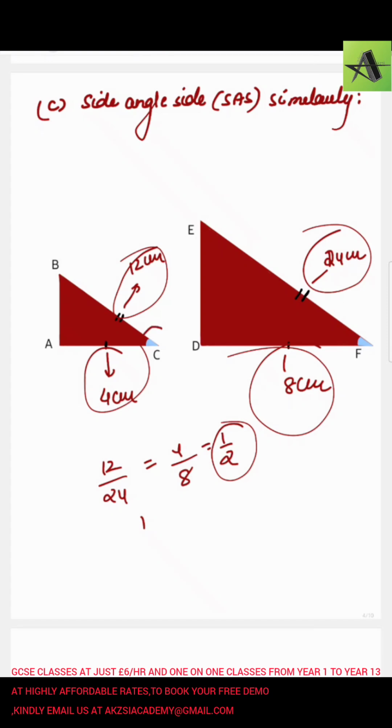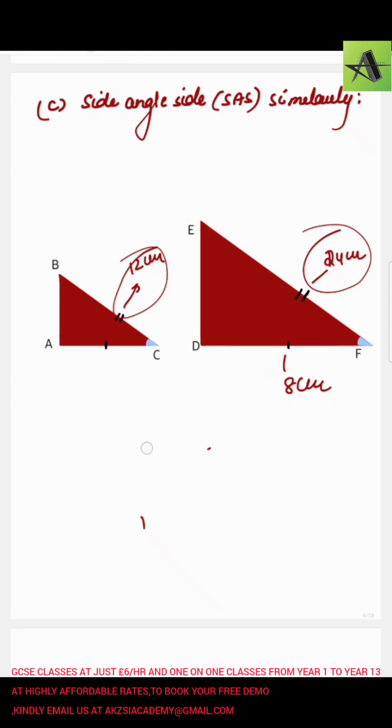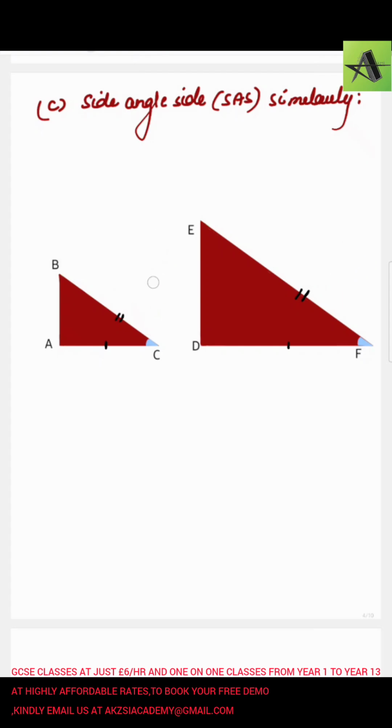That means this angle. If it's like this, then we can prove that yes, these two triangles are similar in nature. And that's why its name is side angle side. So side, then angle, then side. The name is given properly according to the order.